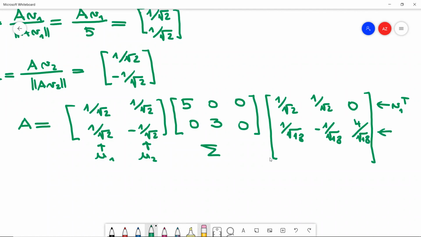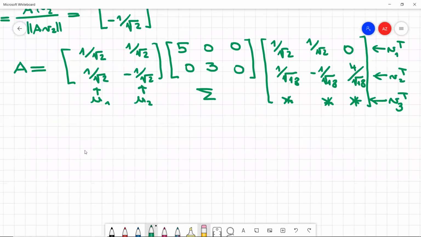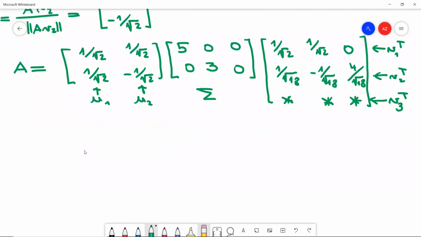This was V2 transpose. And we don't need V3, so I won't calculate it because I will never use it, since it corresponds to the eigenvalue which is 0. Okay, so this is V transpose.